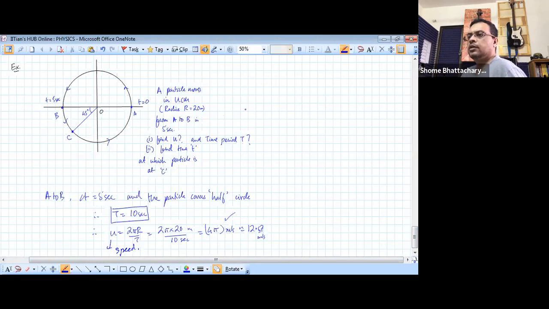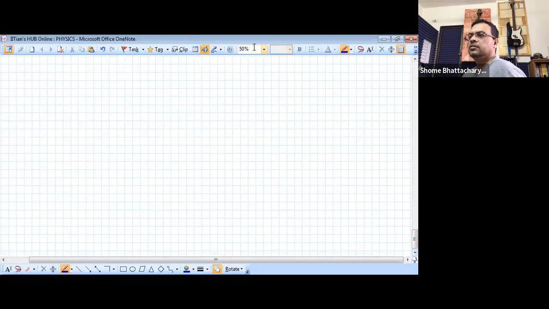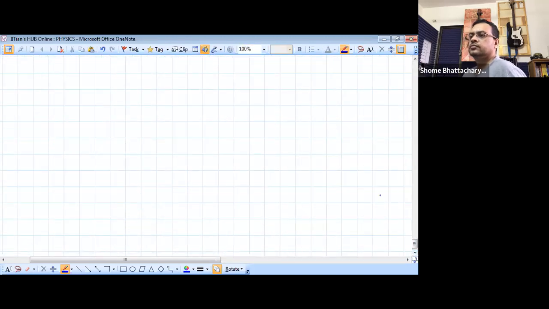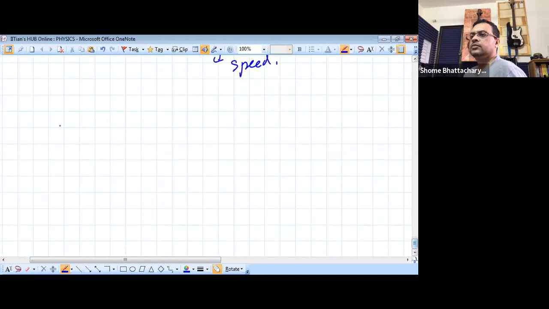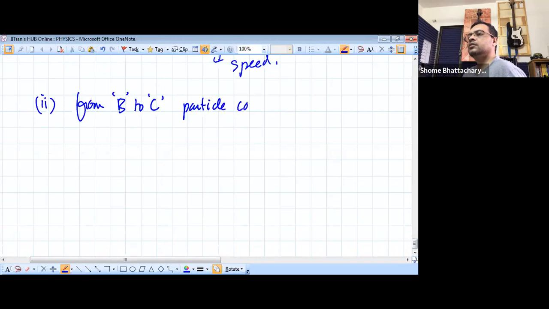Okay. Now you can see that as far as the time for reaching C is concerned, from B to C, the particle covers 1/8 of the circular path. So how do we understand it is 1/8 of the circular path?